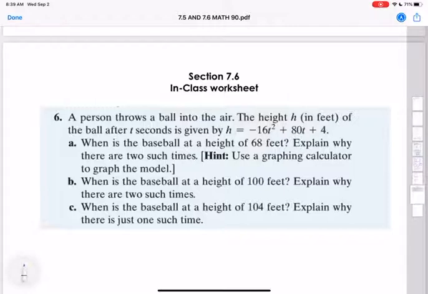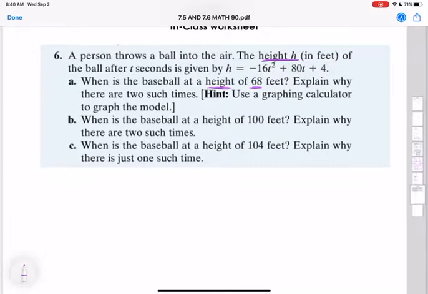So when is the height 68 feet? So we know height is 68. Where should I put that in my equation? Do you think that's h or do you think that's t? The height is h, okay? So they already told us that. It's height in feet is h. So I'm going to come down here and put for part A, 68 equals negative 16t squared plus 80t plus 4.